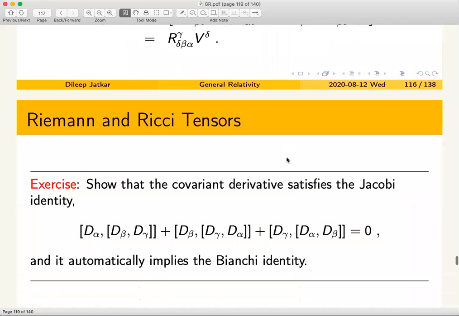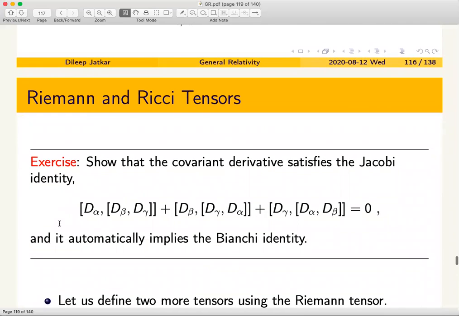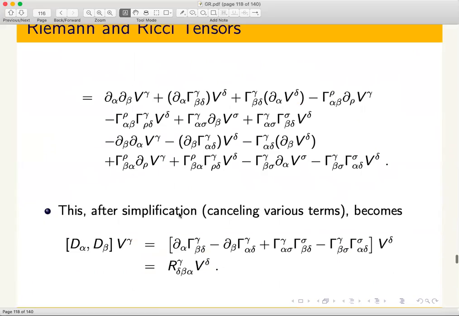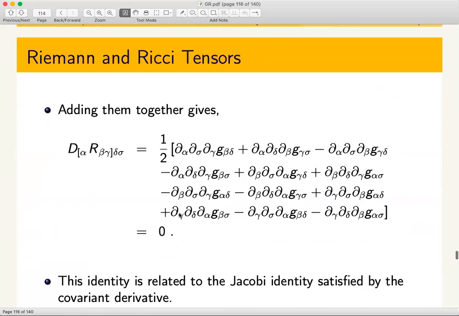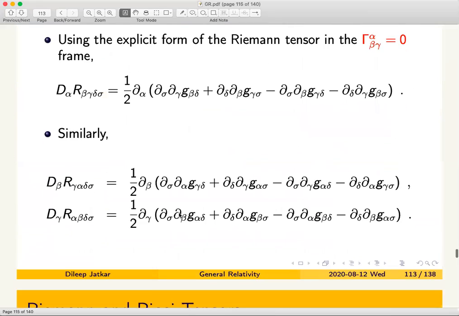Now what you could do is check this explicitly by computing this expression, and if you set the sum of these double commutators equal to 0, which is what the Bianchi identity is, you would automatically recover the differential Bianchi identity.